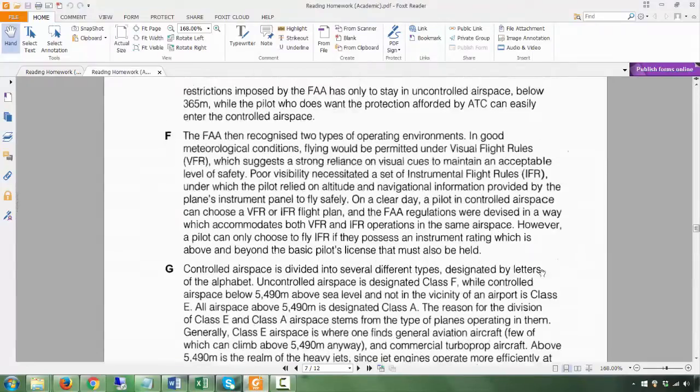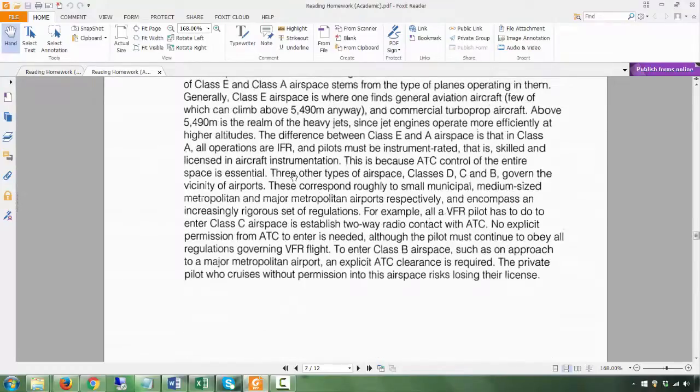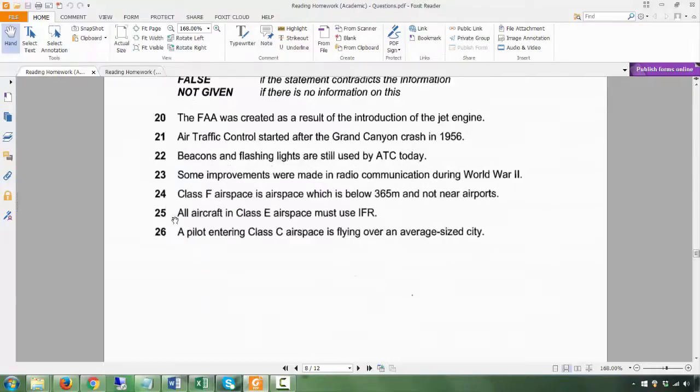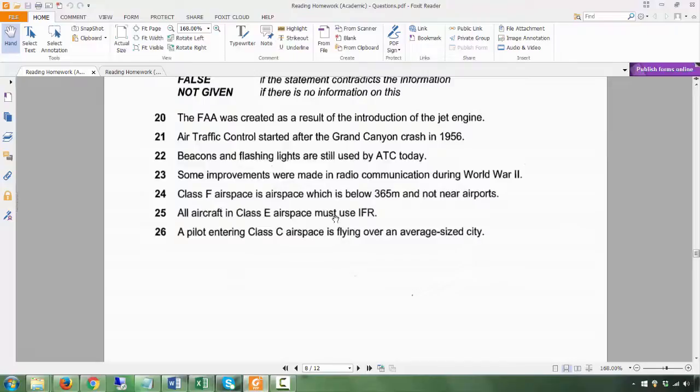Instrument flight rules. So the difference between Class E and A is that in Class A, all operations have to use IFR. So if all aircraft in Class E must use IFR, no, it says in A. So if in A you need to use IFR, then in E you don't need. So here it says E, you need. No, so that's false.